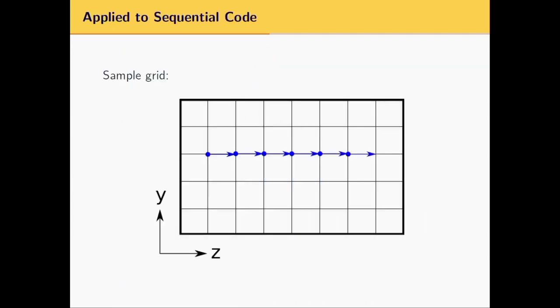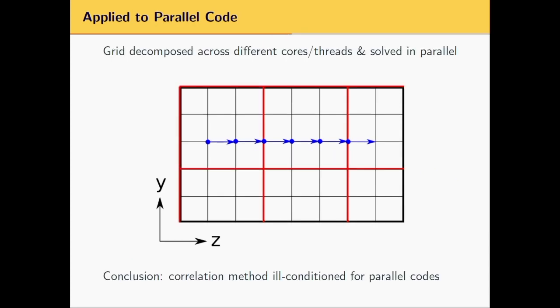So just to give you an idea of how this is applied, in principle, it's a fairly simple method where you iterate from one point to the next, where one point contributes to the next, and it builds up, so you get the structures across the grid. For a sequential code, it's relatively straightforward. But in a parallel code, your grid might be decomposed into something like this.